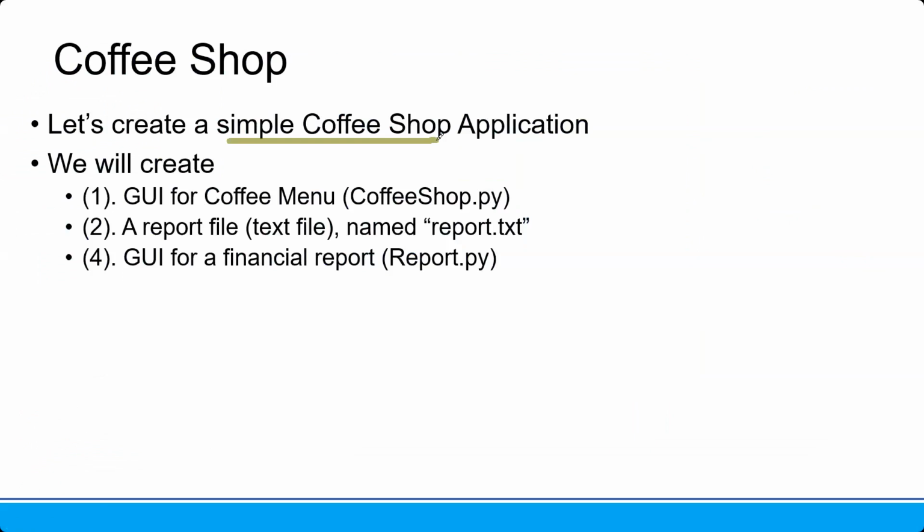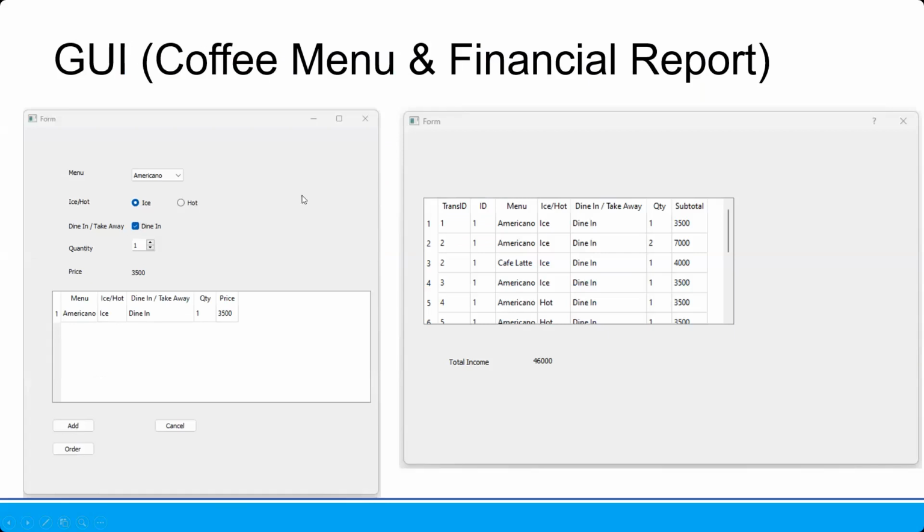In this case, now we are going to create the coffee_shop.py, which is the kiosk, and then there will be a report. The report means how many coffees that I already sold until today. And then we are going to make a GUI for the financial report. So the GUI will be something like this one.